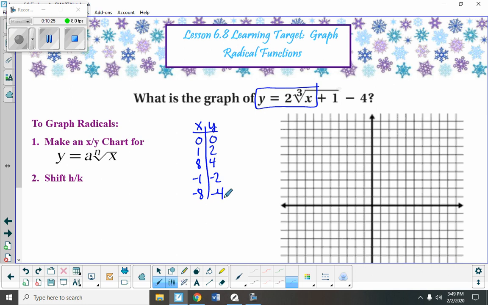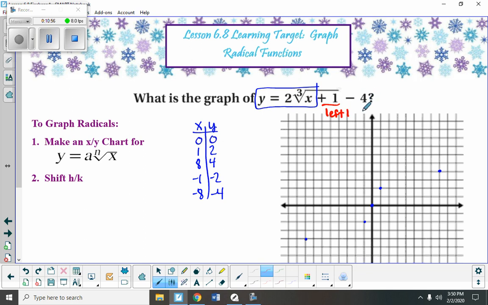So we have the points 0, 0; 1, 2; 8, 4; negative 1, negative 2. All right, so those are the initial points. But now we have to do the shift. So when it's a plus 1, we're going to go to the left 1.